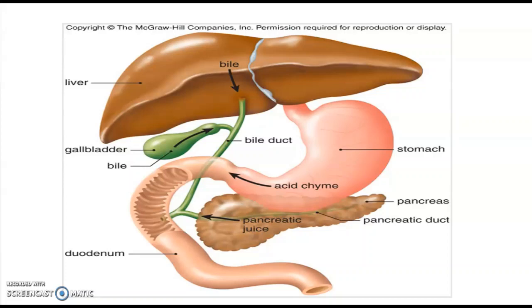The duodenum is where most chemical digestion takes place. Here, bile from the gallbladder and enzymes from the pancreas and intestinal wall combine with the chyme to begin the final part of digestion.